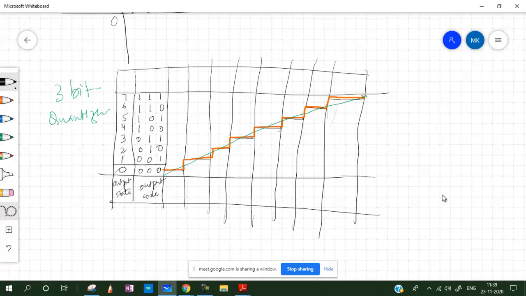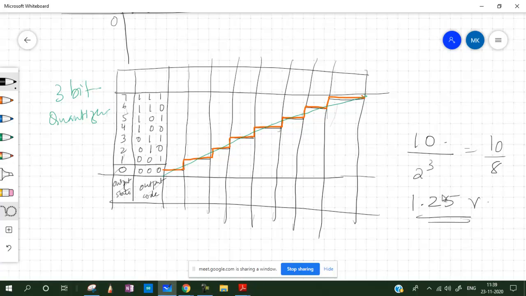Now, because this is 10 volts, obviously this has to be something like 10, but what does it refer to in terms of voltage? So if we divide 10, and we have 3 bits, so 2 to the power of 3 is 8. So 10 by 8 would be 1.25 volts.